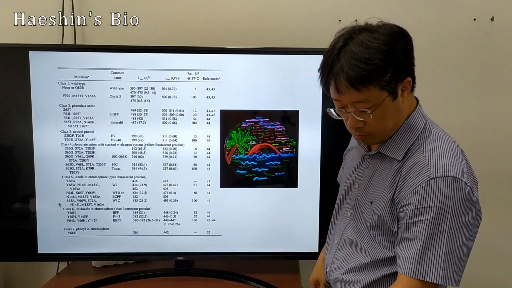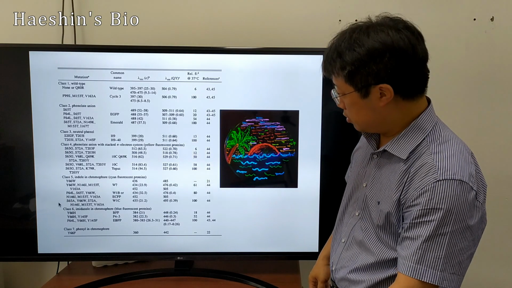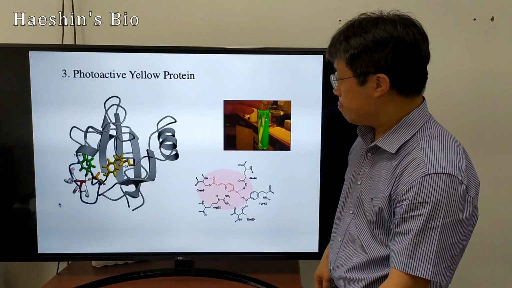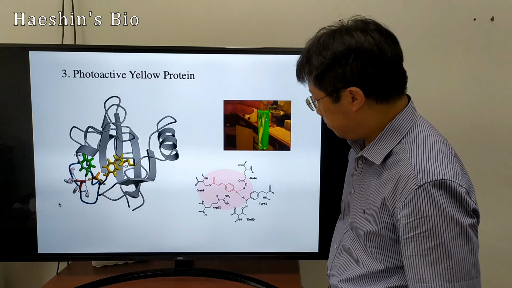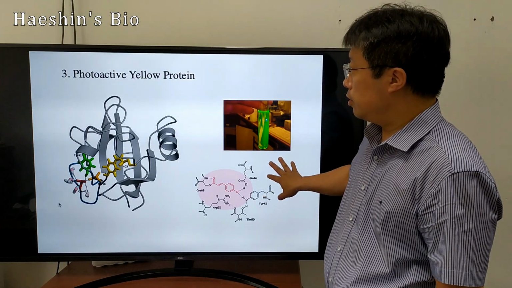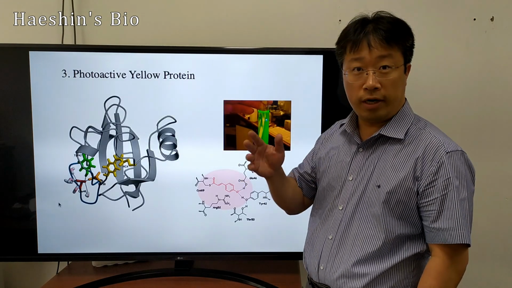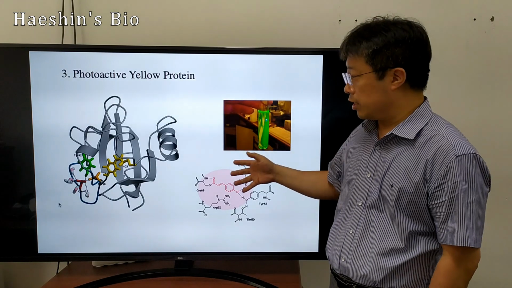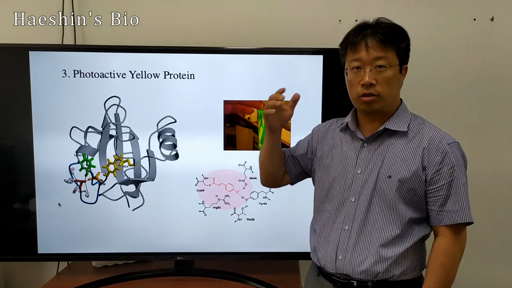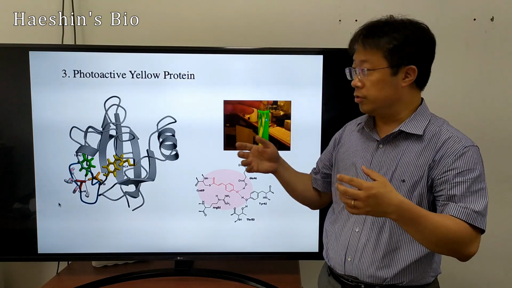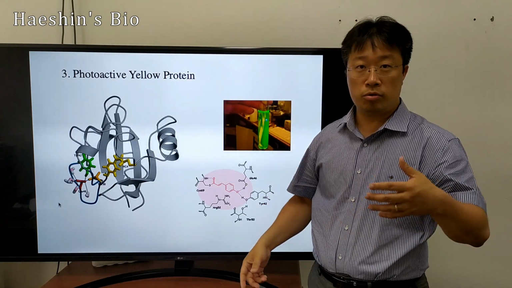The second property is fluorescence properties by the tyrosine. So number 3 is also providing the yellowish, but this fluorescence is different. This is absorption based. You see by your eye the same color from this yellow protein or the GFP.